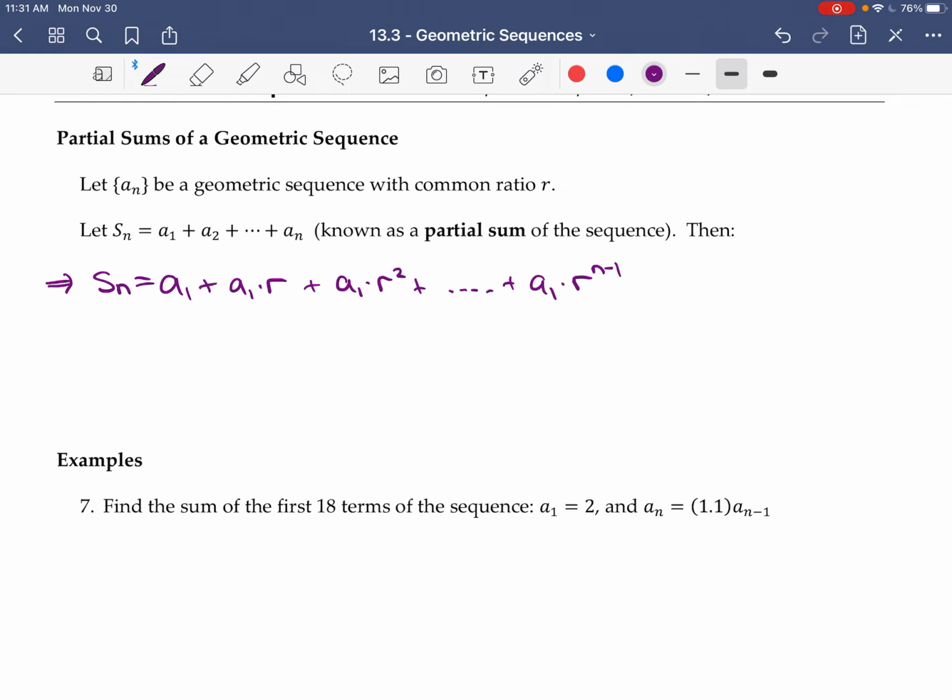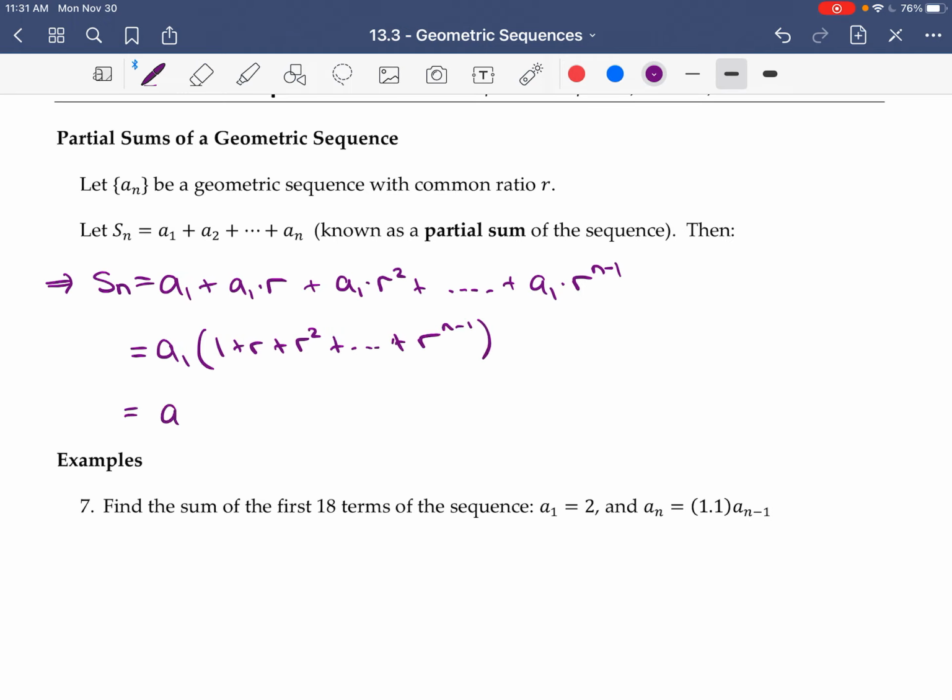Okay, now this you could actually rewrite, so I could factor out the A1. And then I'm going to have 1 plus r, plus r squared, all the way up to r to the n minus 1.